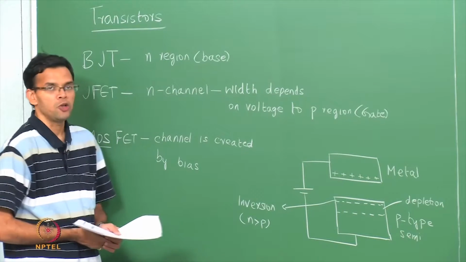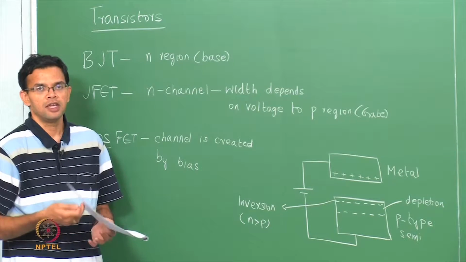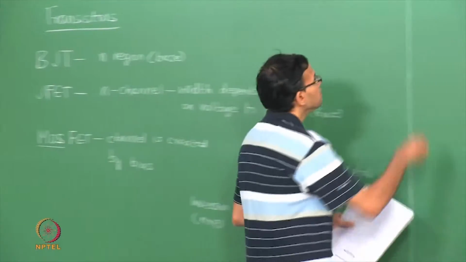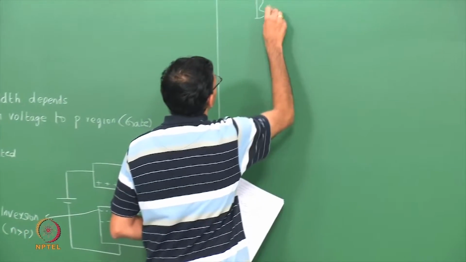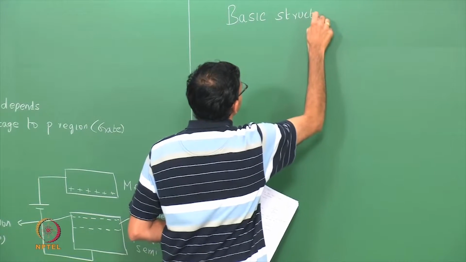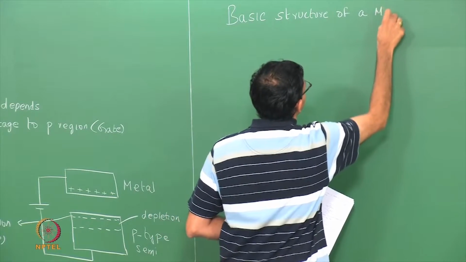The first thing I am going to do is to draw the structure of a MOSFET device so that we can look at the IV characteristics. So let us look at the basic structure of a MOSFET.